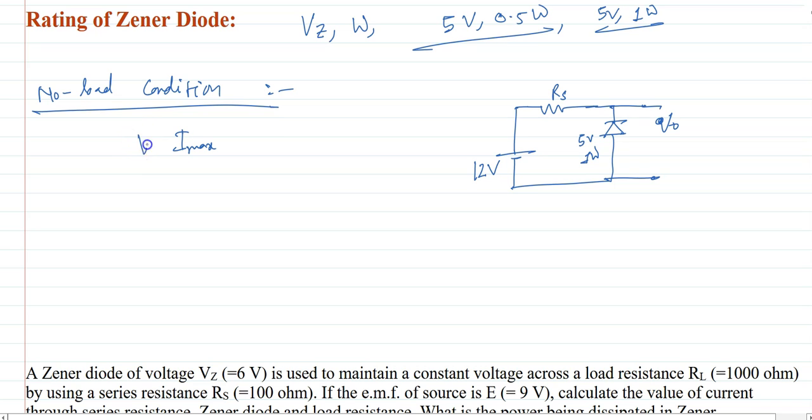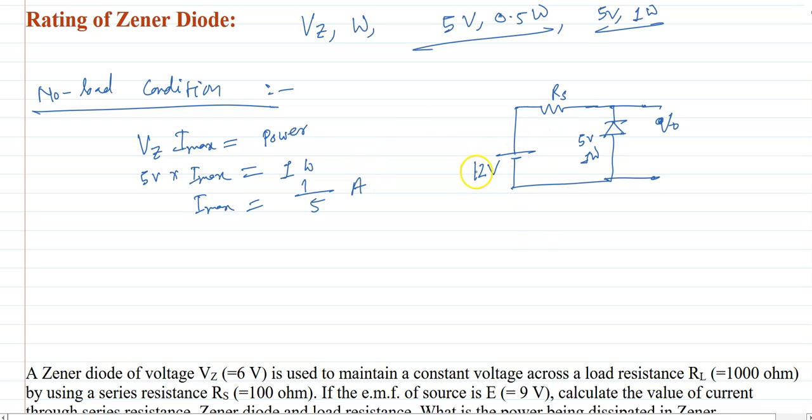We know Imax and Vz equal power, Vz is 5 volt and power is 1 watt. That means Imax will be 1 by 5 ampere.